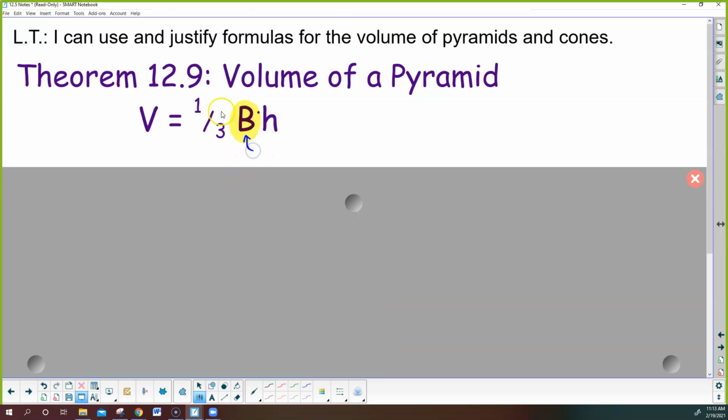And that's usually the only spot that kids make an error on with volume: capital B stands for the area of the base. I'm going to draw a picture here. You do not have to draw this unless you want to.